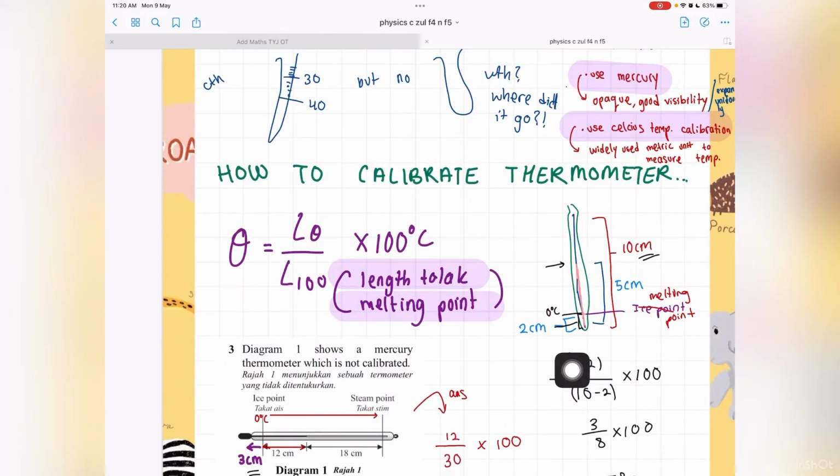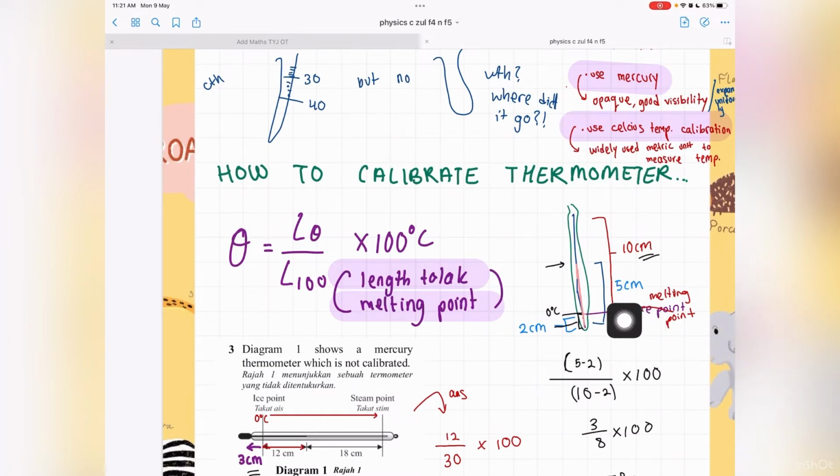Okay, let's say the liquid is up here, which is 5 centimeters. But you have to make sure you minus the melting point, sorry, the ice point, the melting point, it's up to the question.